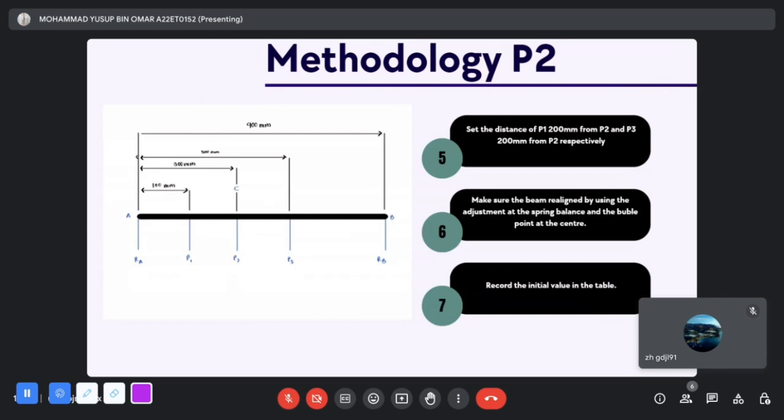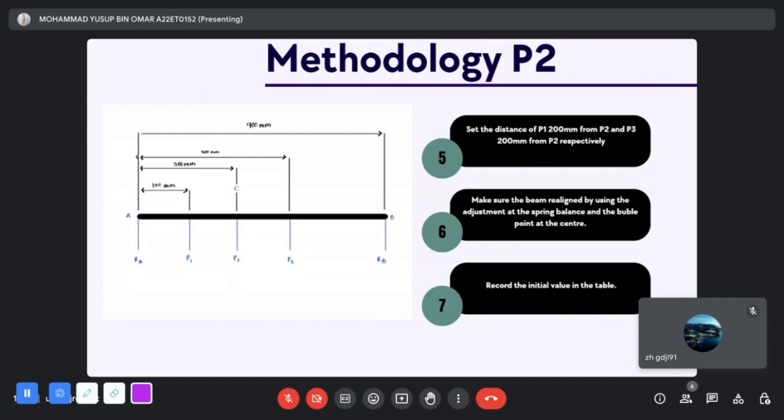So just use step 1 until 4 the same as in part 2, and then we continue with step number 5, which is to set the distance of P1 200 millimeter from P2 and P3. We need to set the distance of P1 200 from P2 and P3 200 from P2 respectively.